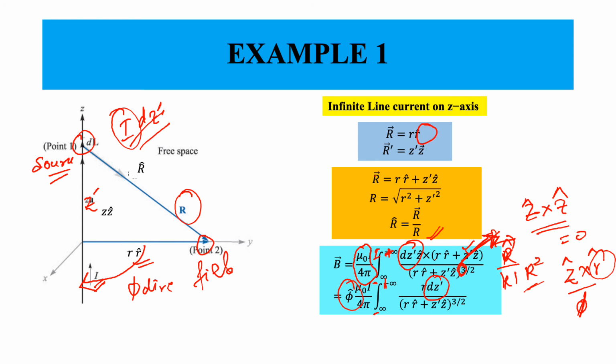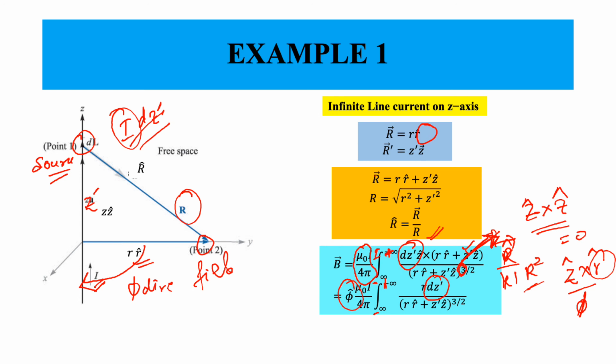So you can actually write down mu naught I divided by 4 pi, in the phi direction, with r here, and r square because of the differential dz. You have seen this sufficiently that I can write down the final answer without showing the steps.